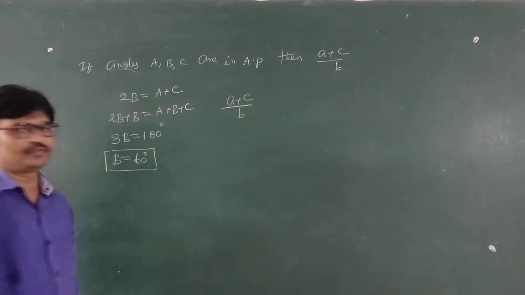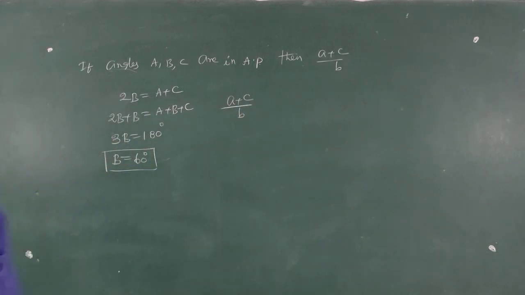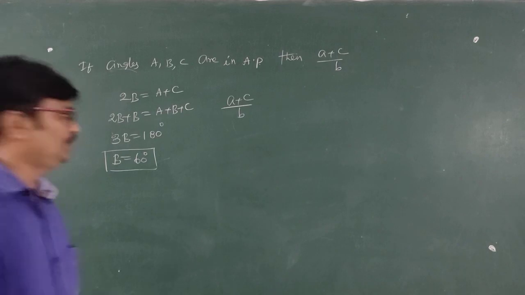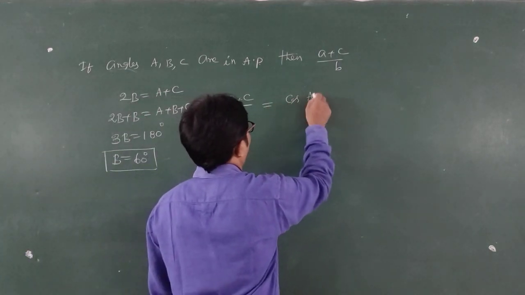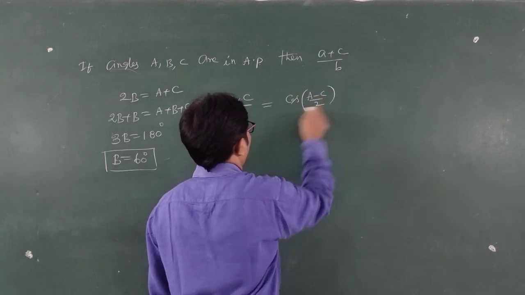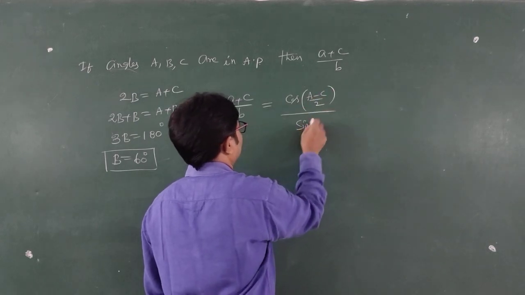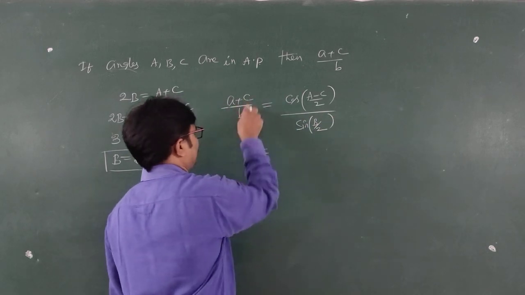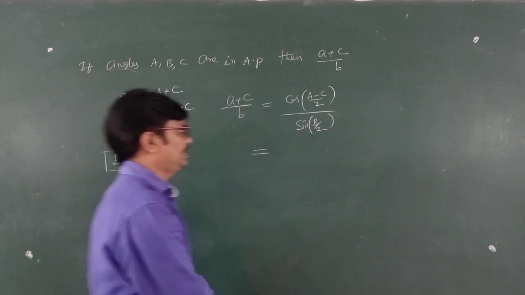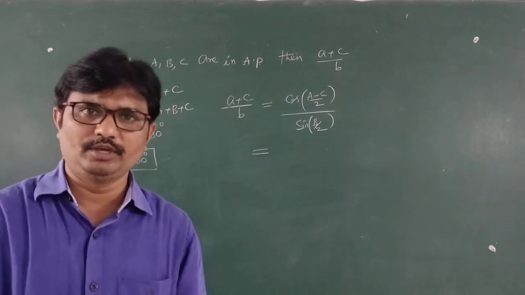Okay. So this is from Mollweide's rule. What is the formula of A plus C upon B? So students, this is cos of A minus C by 2 upon sin B by 2. A plus C by B is the cos of A minus C by 2 upon sin B by 2.